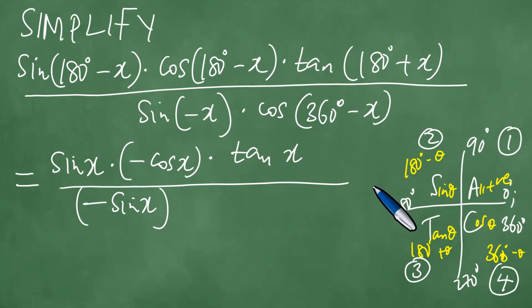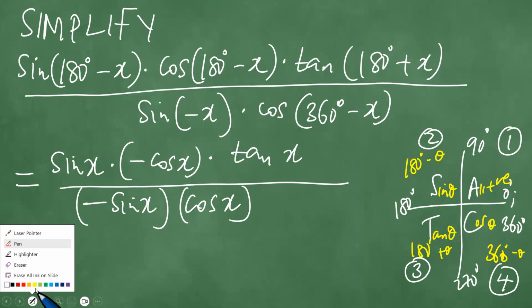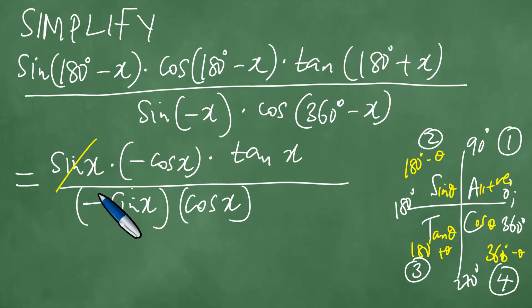It's in the fourth, and in the fourth only the cosine is positive, so it's going to be positive cosine x.